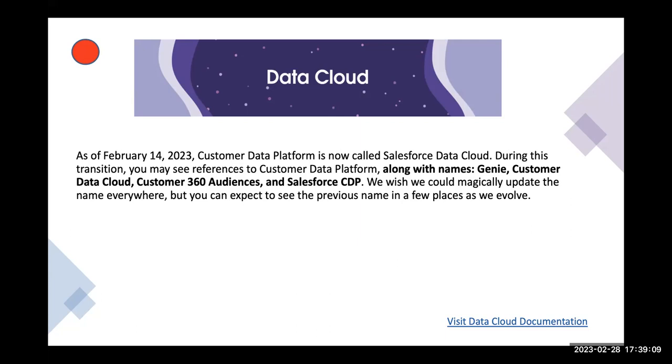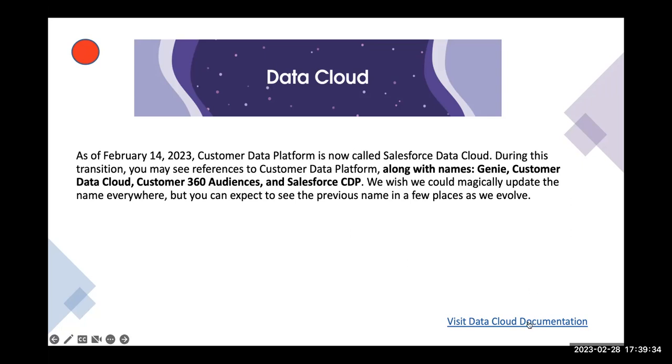During this transition, you may see the same references across the Salesforce help and documentation, but don't worry. Salesforce is working to update everything to the new name, Data Cloud, wherever it resides and wherever it is referenced. If you want to see the Data Cloud documentation, there is a link I have given.